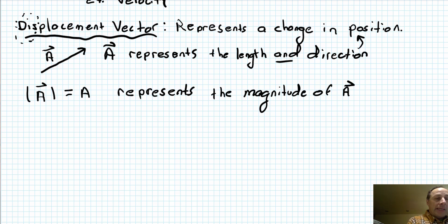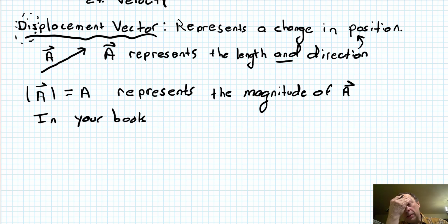Now, understand that in your book, they don't use the arrows, because remember they use that straight line above a letter for average. So vectors are boldfaced.